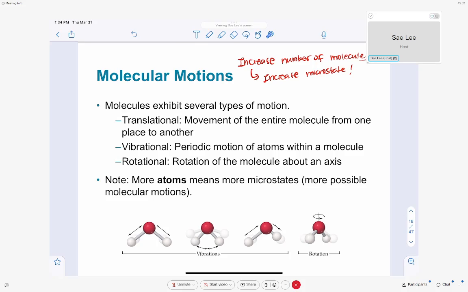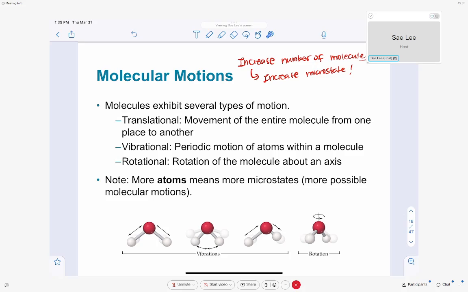Molecules never stay still; they are constantly in motion. So if you have more molecules, of course there are more possible positions that molecules can have because they're continuously moving. It's almost like if you have more people at a party, and people are constantly in motion, if you take a group picture of them, people can have various combinations of positions at a particular time.